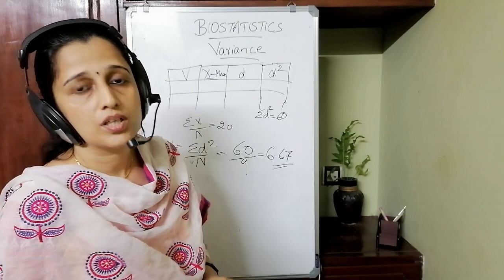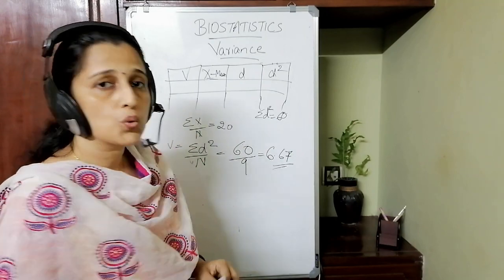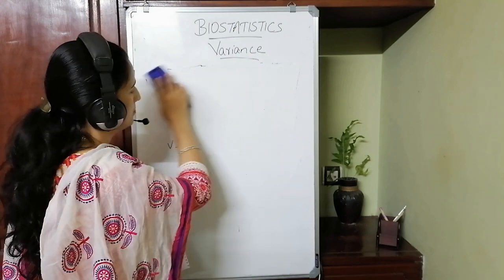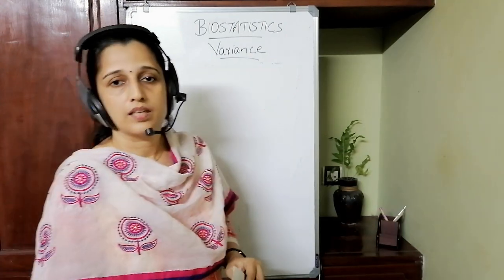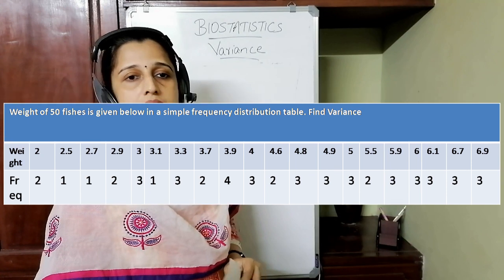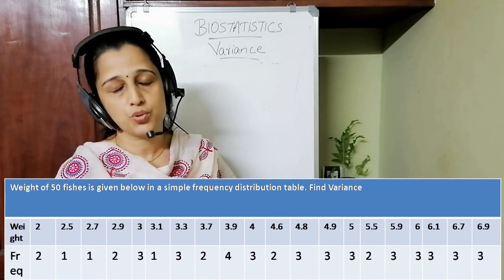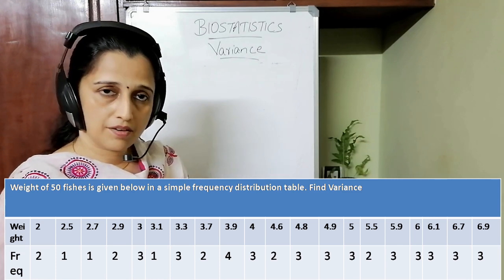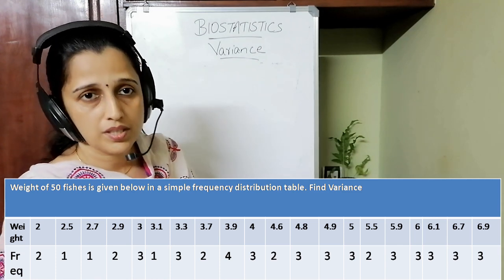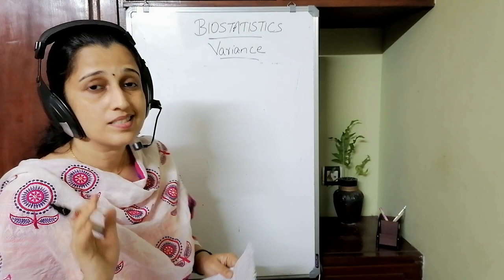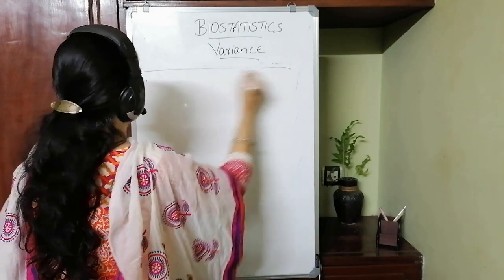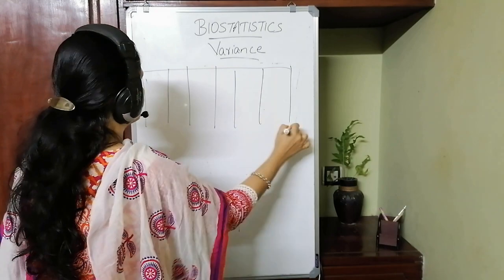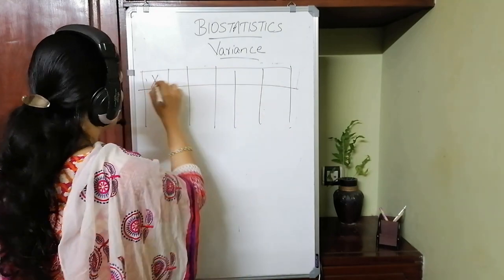Now let's work out a question of grouped data. It is as simple. The question given here shows the weight of 50 fishes. The first step is to make a table with 6 columns. The first column shows the variable.